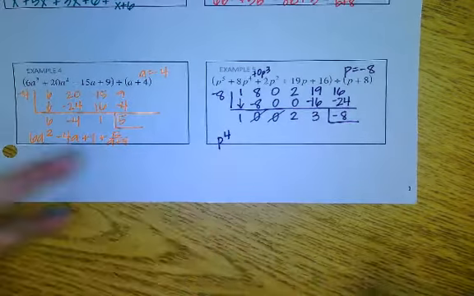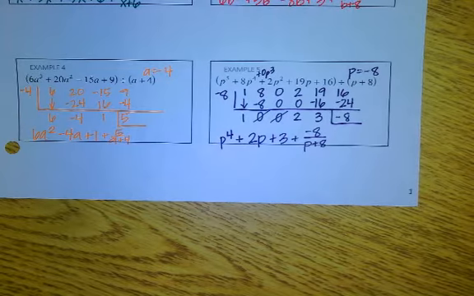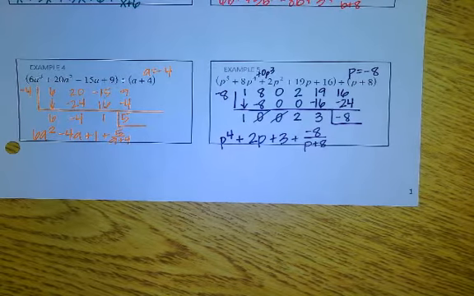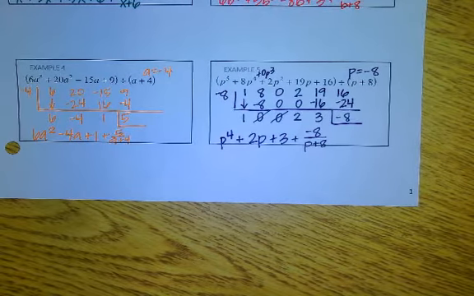What questions do we have on the front page before we spice it up just like a tad? Any questions on the front? Alright, so far, we're only using synthetic when you are dividing by a linear. The next step is to make sure you're what? In standard form.